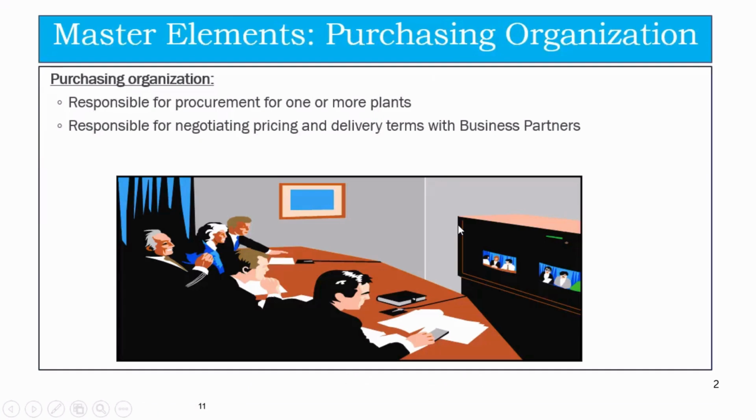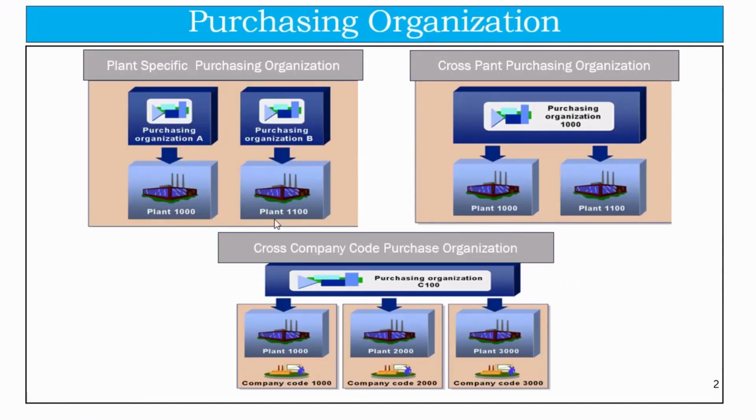Okay. Now here you could see cross company code purchasing organization. We can call it a reference purchasing organization. In this, the purchasing organization can be responsible for the purchase of this plant.